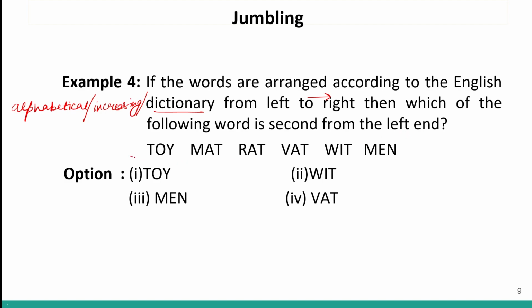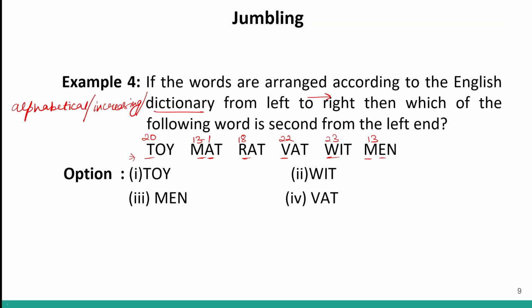So basically, we have to arrange all these words in dictionary order. So let me give forward ranks to the first letters. First letters: T will be 20, M will be 13, R is 18, V is 22, W is 23, and M will be 13. So again 13, 13 two times. Then we'll move on to the second letter. This I told you previously, right?